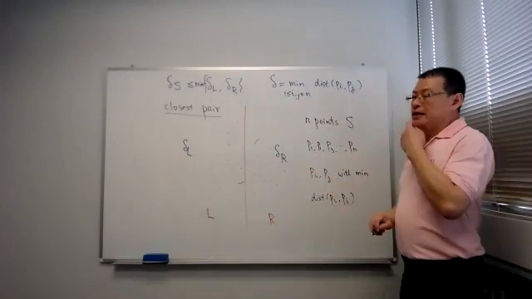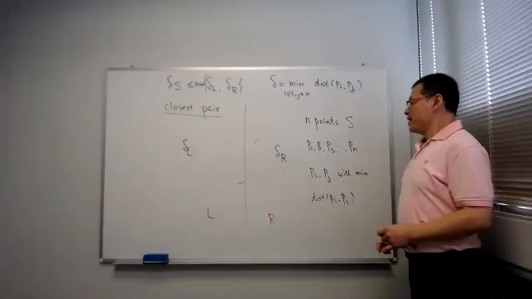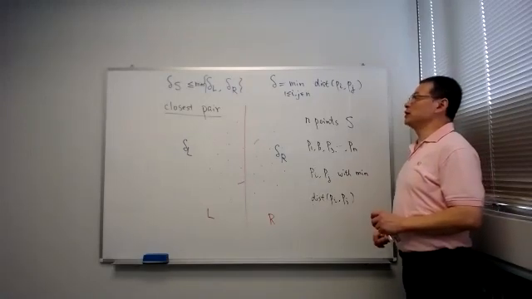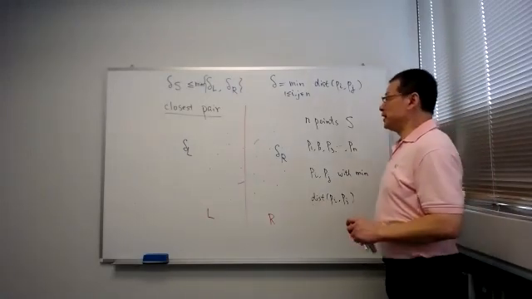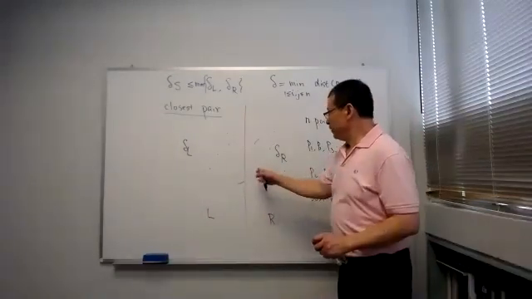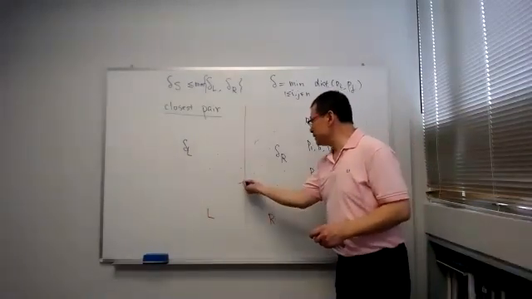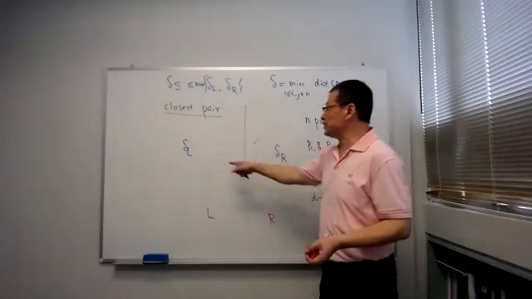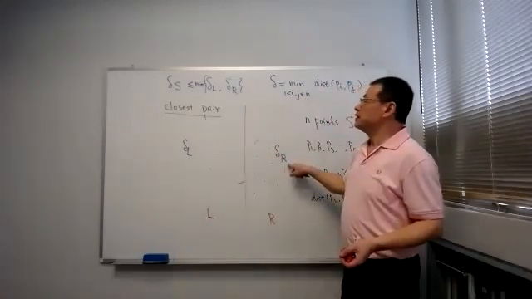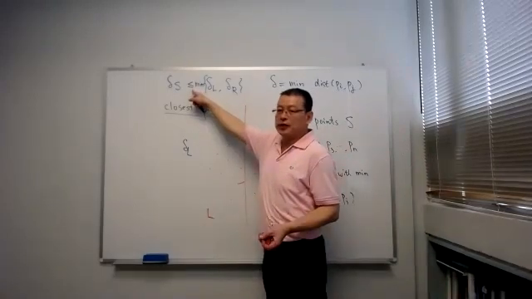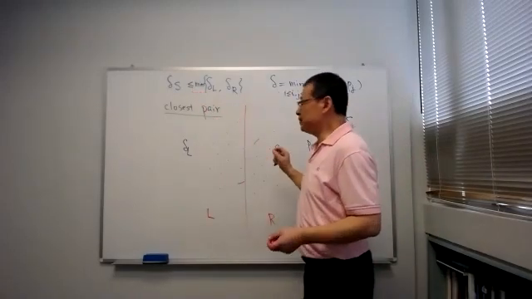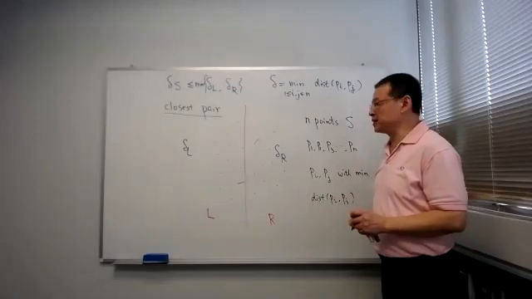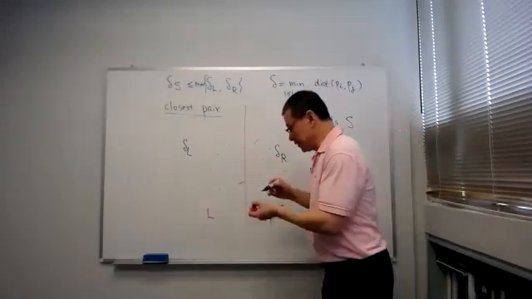Okay. Now, in order to get a recurrence relation, it is possible that once we have this division, some points close to this line may be smaller than this one or this one. So that's why here it is less than or equal, not the same. So for these points, we need to compute it. There may be points like this one.